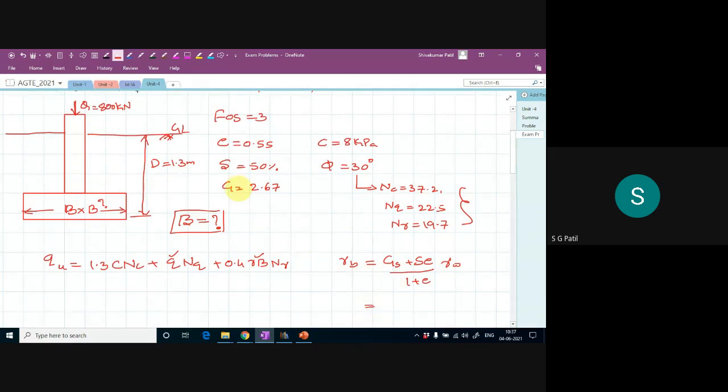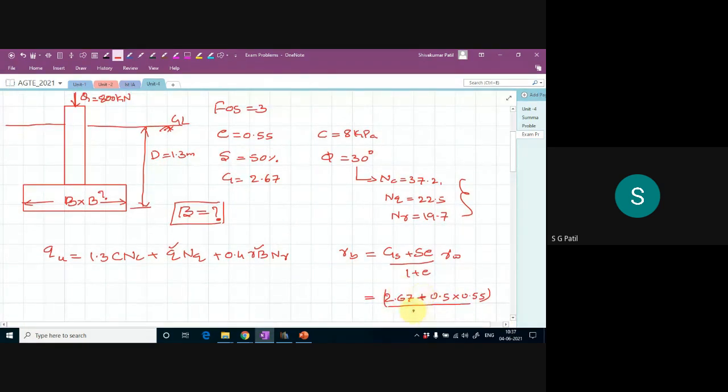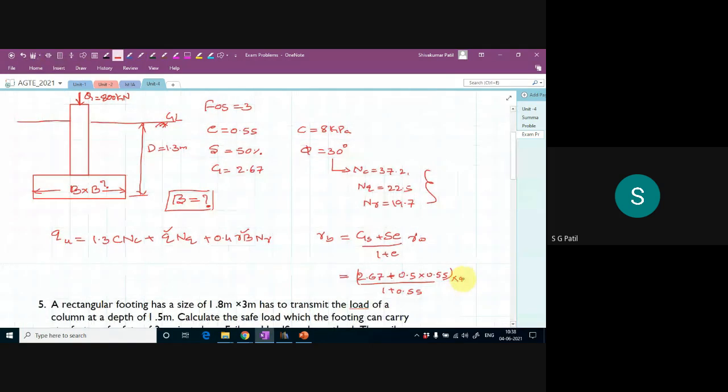Specific gravity 2.67 plus degree of saturation is 50%, that is 0.5, into your void ratio 0.55, divided by 1 plus 0.55, into 9.81.